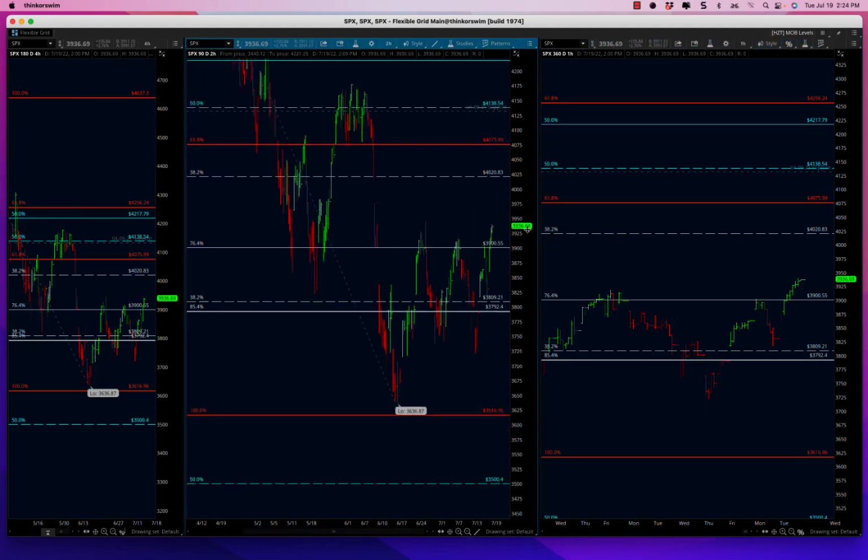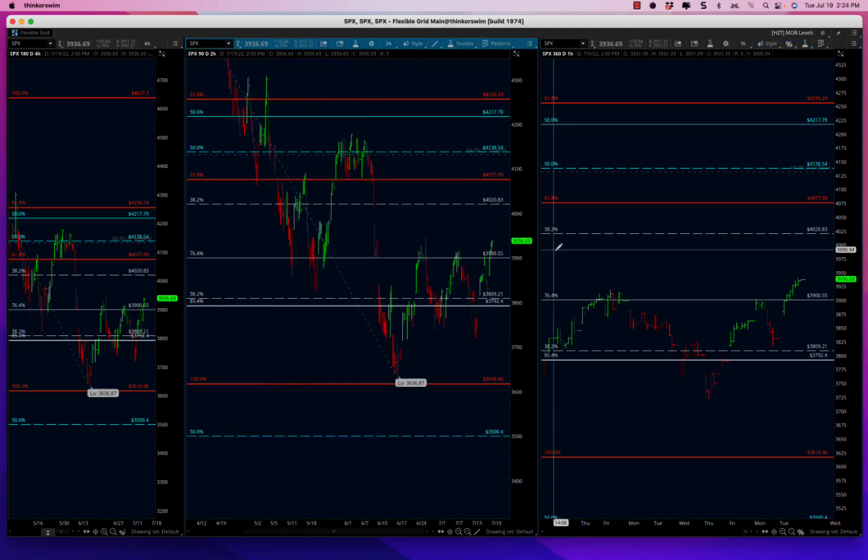So looking at my 2 hour, price came down and stopped at 3,900, great. So we seem to have an interest around 39.45, 39.50. Looking at this point here, and this point here, and this point here, right? So I can see 39.45, 39.50 as a place of interest for price.